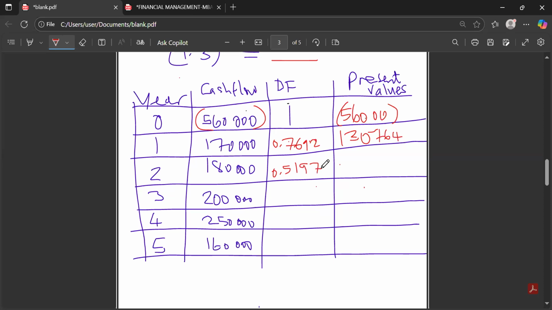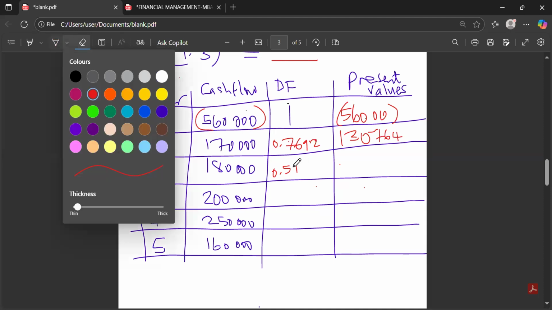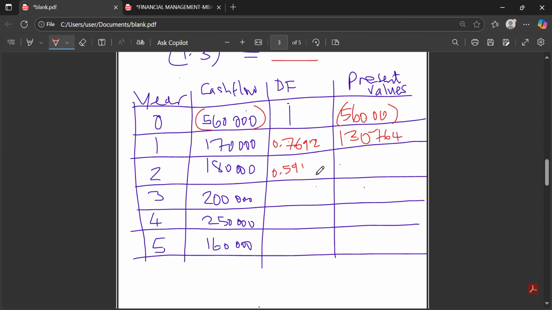5917. Give me the other one. And then the third one is 0.4552.